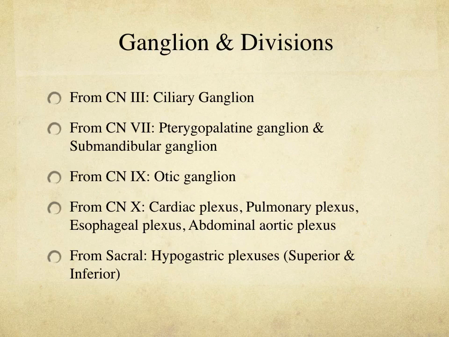So notice that we're coming from cranial nerves 3, 7, 9, and 10, and then coming from the sacral plexus. So bear that in mind when we look at the next slide in terms of what it's going to ultimately go to.